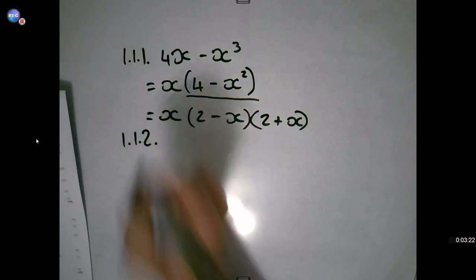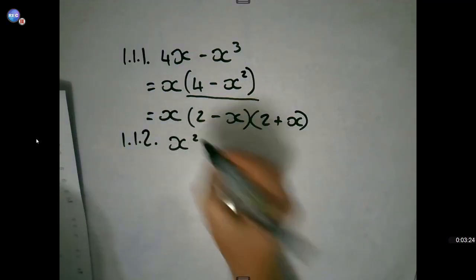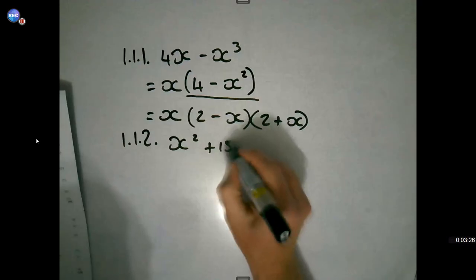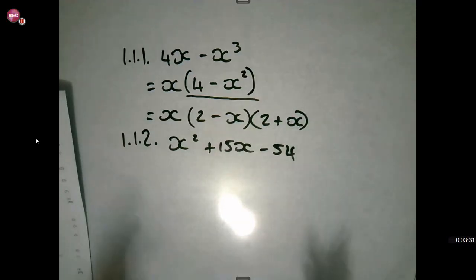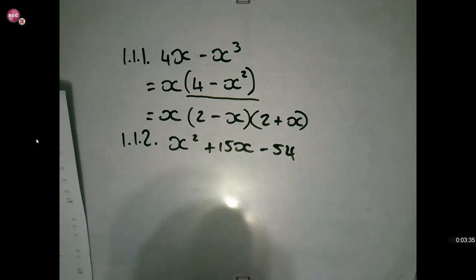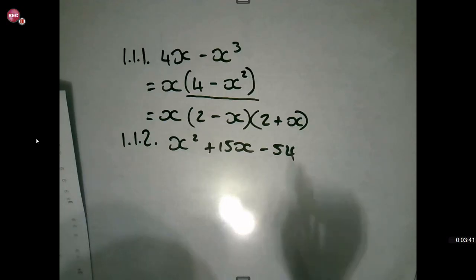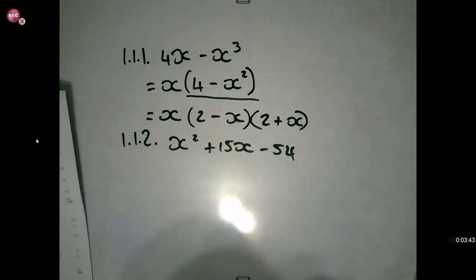Question 1.1.2. We've got x squared plus 15x and minus 54. As you look at this question, you'll pick up that it's a normal trinomial question. First thing that you need to go and check for is what case does it fall under for trinomials. Remember, there are 3 cases.